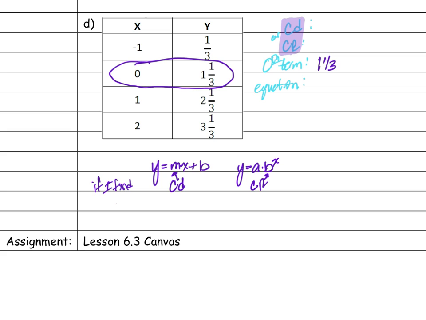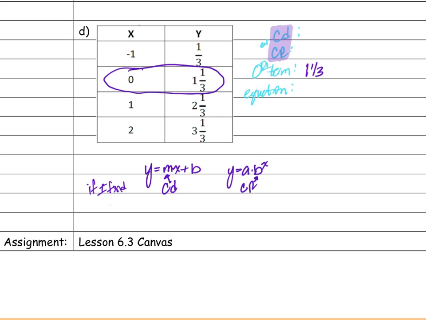So I'm going to look at my equation, look at my fractions. I know these are fractions, but if I look at each one, how are they changing? What's changing from y to y each time? That's what a common difference is. So I have 1/3, 1 1/3, 2 1/3, 3 1/3.